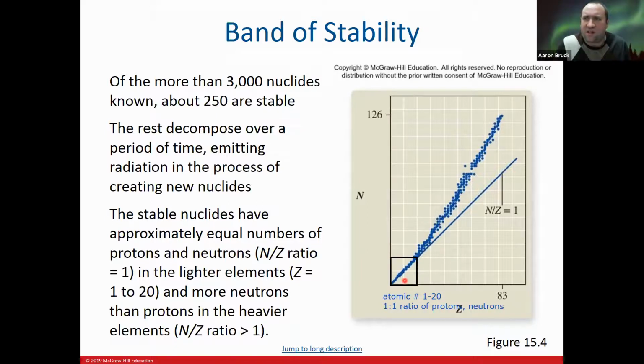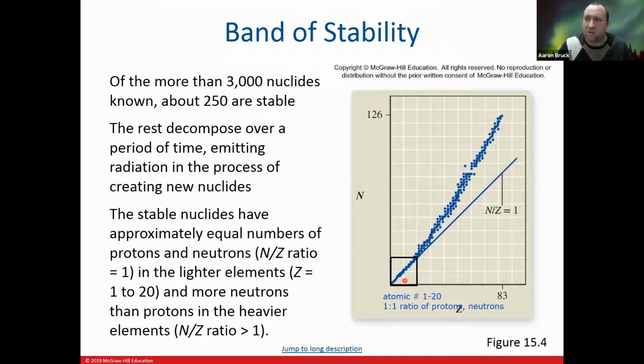And that shows itself in the periodic table too, right? If I look at the periodic table, I'll see that the average mass for carbon is 12. 12 would represent a 1-to-1 ratio of protons and neutrons, 6 and 6. For things like lithium with an atomic number of 3, its most common molar mass is around 7.